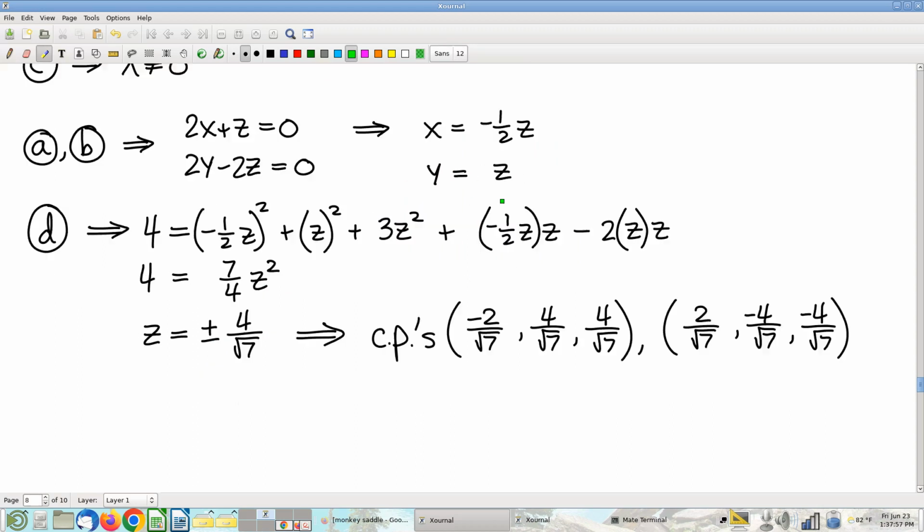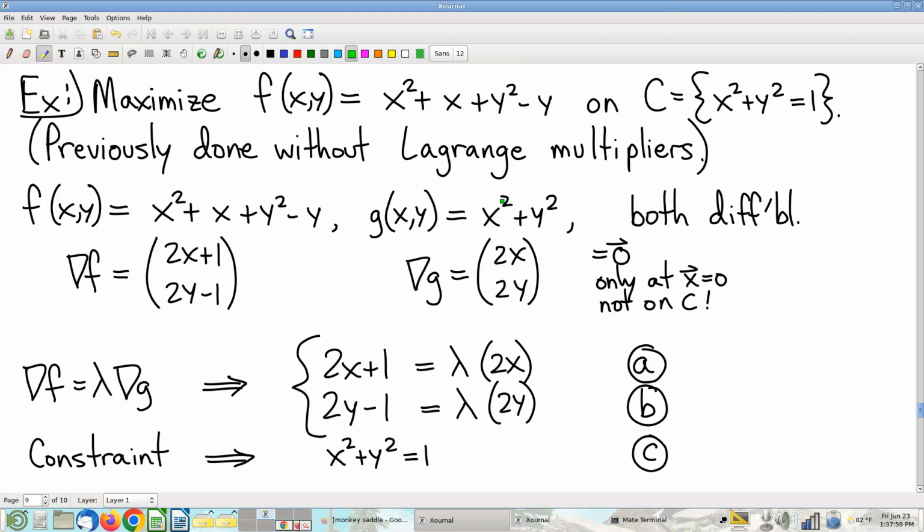Okay. All right. Here's another one. So this is the one that we skipped because it was tedious doing it without Lagrange multipliers, and I figured we're going to do it with Lagrange multipliers, so why don't I skip straight to the good method. So here we go.